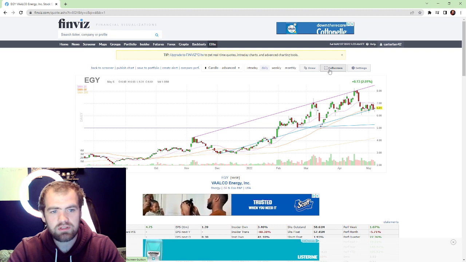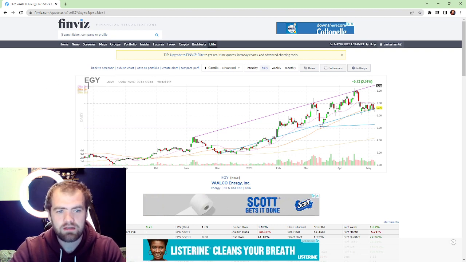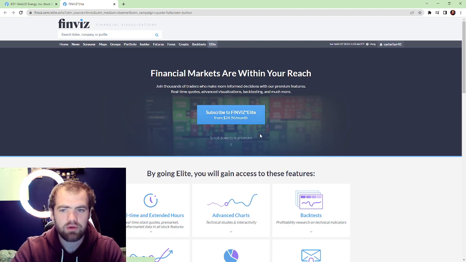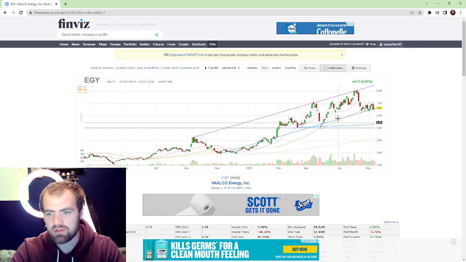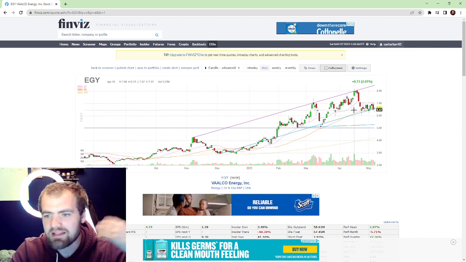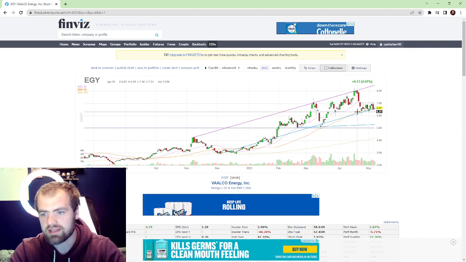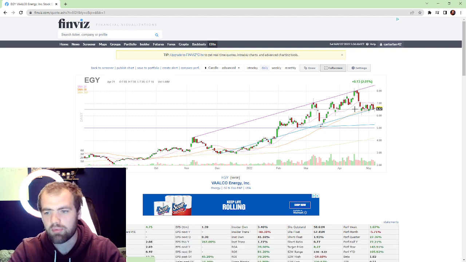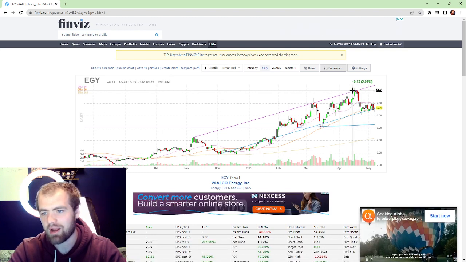So looking at GY, if we actually click full screen here, you have to unfortunately have their Finviz Elite. But what you can do is actually just go ahead and kind of mentally draw out support. So you guys can see it does have some support right here at about $6.40, and does have resistance at about $8.